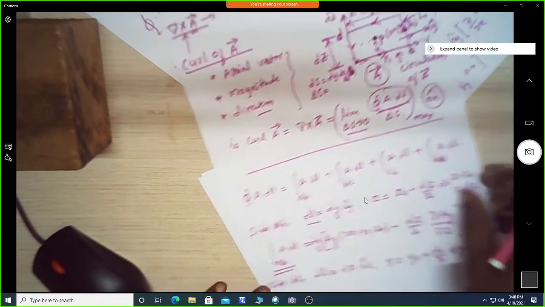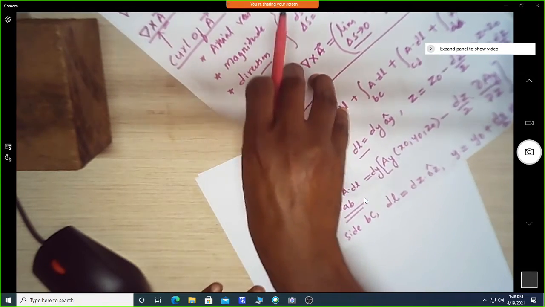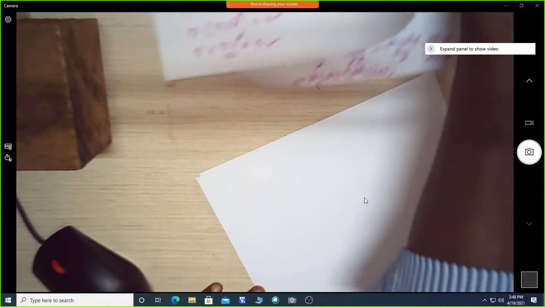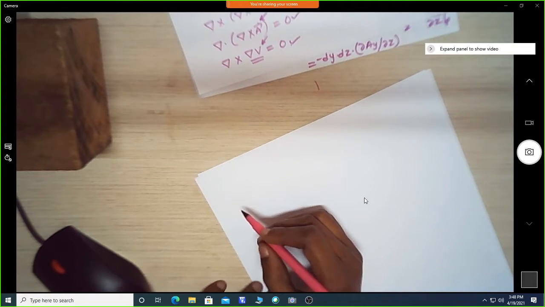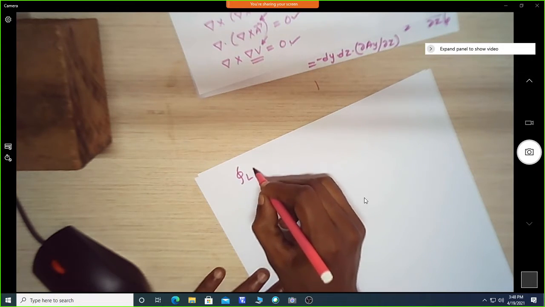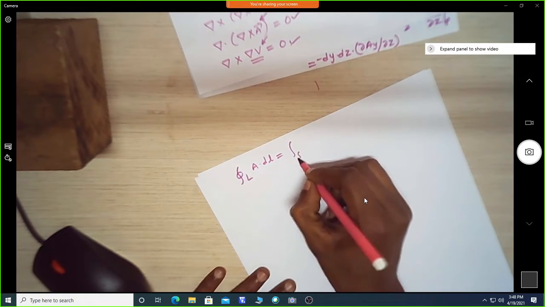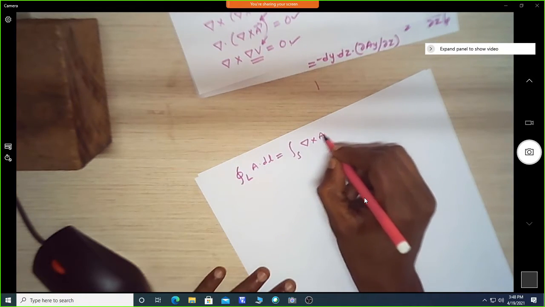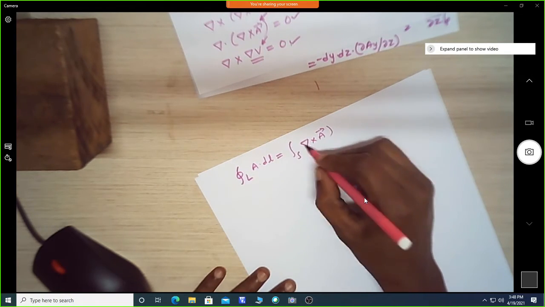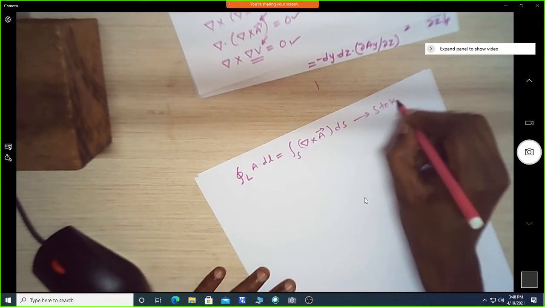So if I have a closed line integral, it will become a surface integral, and we define that as Stokes theorem. What Stokes theorem says is that the closed line integral of a vector field A gives the surface integral of the curl of vector field A. So this is Stokes theorem.